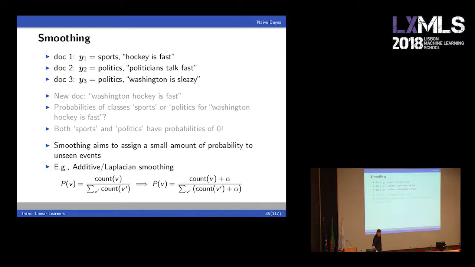Now we want to do classification of a new document, Washington hockey is fast. So what's the probability of Washington hockey is fast for class sports and for class politics? Yeah, it's going to be higher for sports. Why?